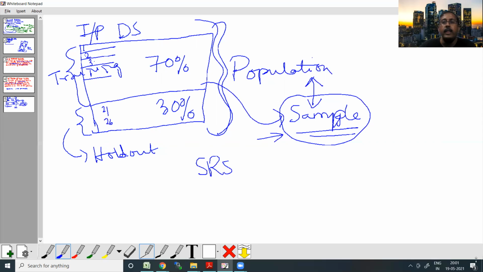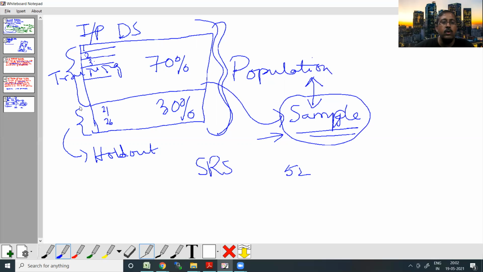Now when I pick up this training data, I use the random number table again, and that random number table will pick up serial numbers in a very ad hoc or random fashion. So say, for example, the first number picked up is 52.